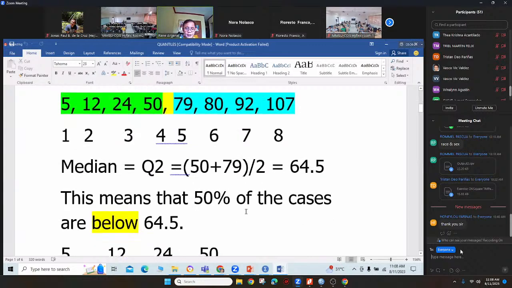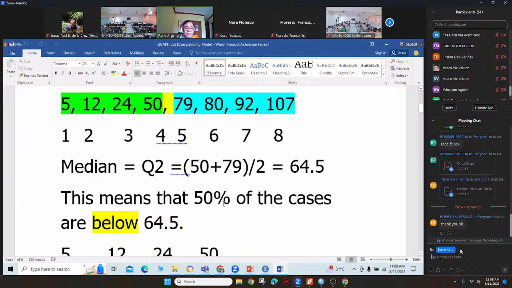The interpretation of the measures of position is always below. So this means that 50% of the cases are below 64.5. Why 50%? Because Q2 is the 50th percentile.